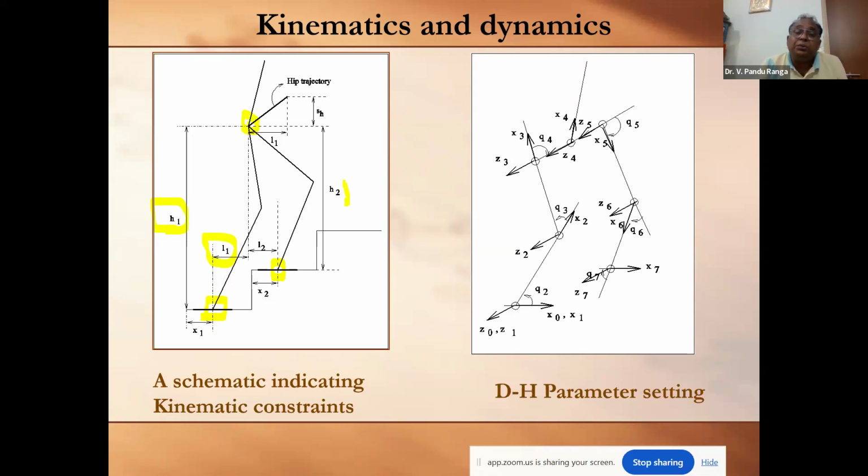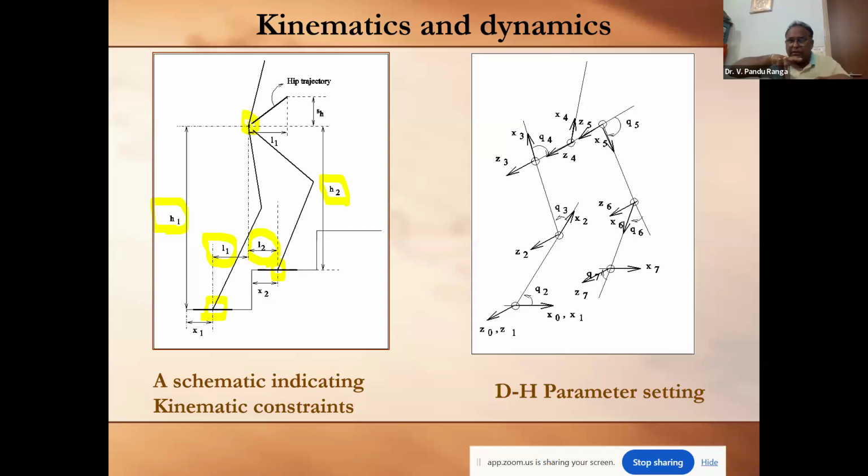Similarly, H2 is the height of the hip joint with respect to the stance leg, and L2 is the horizontal distance of the stance leg with respect to the hip joint. These four parameters play a major role in establishing the inverse kinematics for the system.